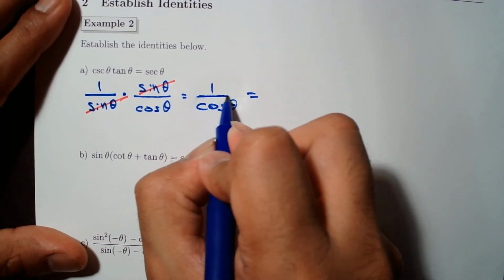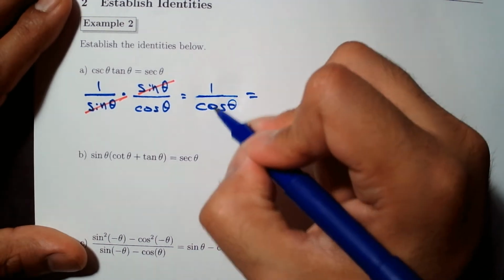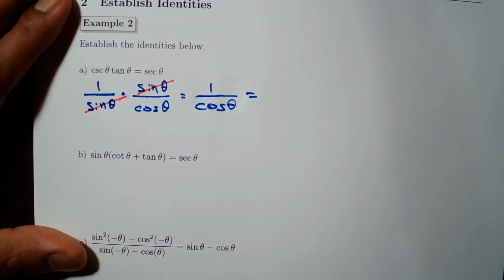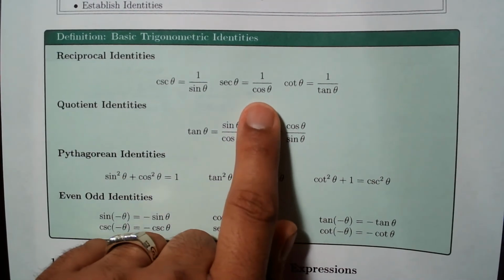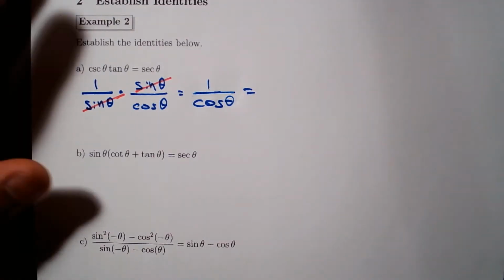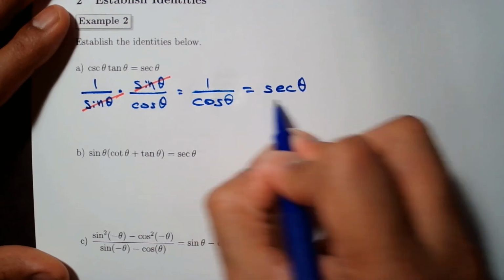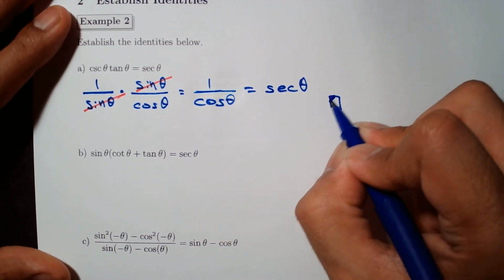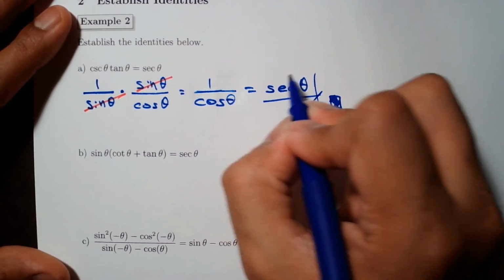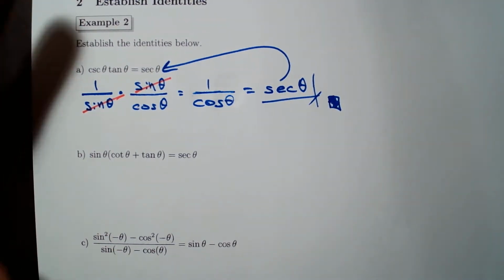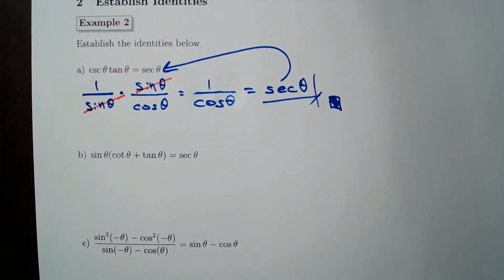According to our reciprocal identities, isn't that secant? So this equals secant theta, and that's what we wanted to show, right? The right hand side, of course it is.